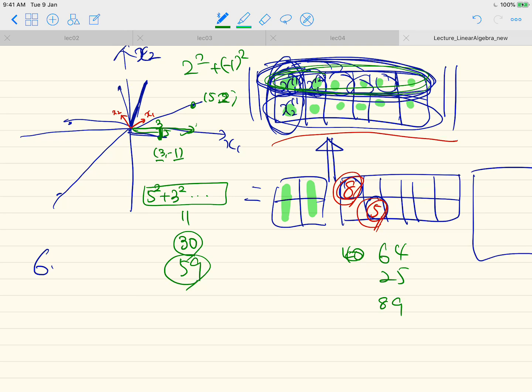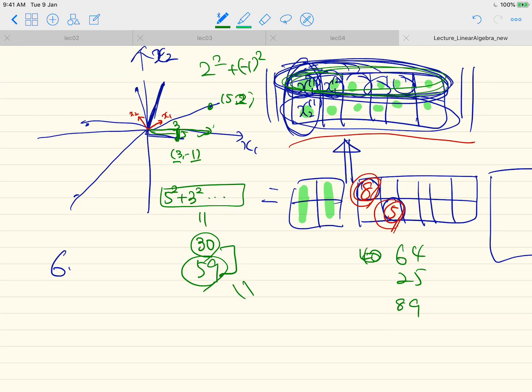Then the squared Frobenius norm will be the sum of these two, and we know that this Frobenius norm is 8 squared plus 5 squared, right? And what is the meaning of this 8 and 5, or 8 squared and 5 squared?